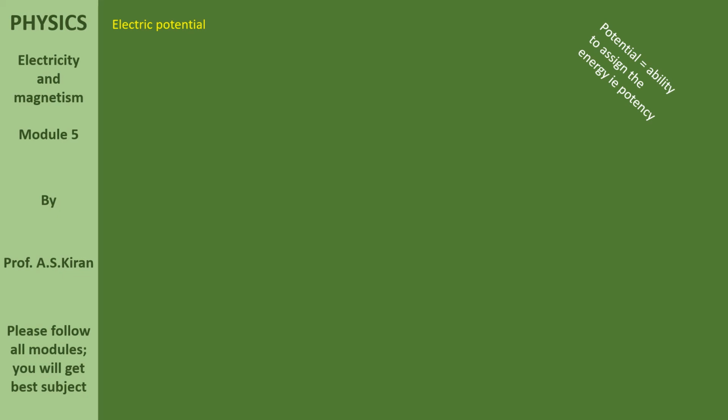Here, consider a charge, capital Q, given. For this, at a location, what is potential? Electric potential is also called voltage. Its unit is volt. There is a charge given and a location given.